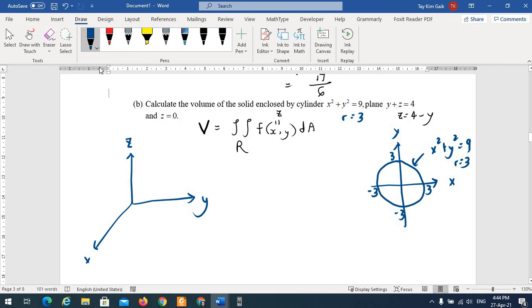For that, imagine in 2D this is a circle, and in 3D you pull out the cylinder. Like imagine you have a water tumbler, where when you press it you get a circle. When you pull up a paper tunnel, you get a cylinder. That's why this cylinder x squared plus y squared equal to 9 will be parallel to your z-axis, and bounded by the plane z equals 0.